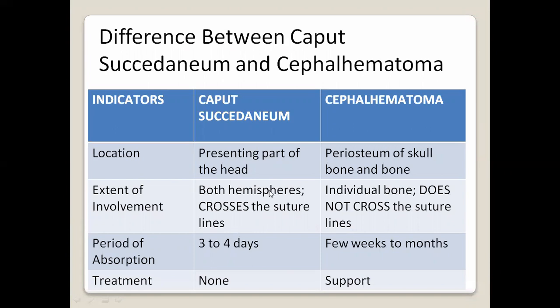Usually the caput succedaneum crosses the suture line, but cephalhematoma will not cross the suture line. The caput succedaneum is absorbed within a week, that is 3 to 4 days, but cephalhematoma takes a few weeks to months. Caput succedaneum will automatically subside, but cephalhematoma needs supportive treatment.